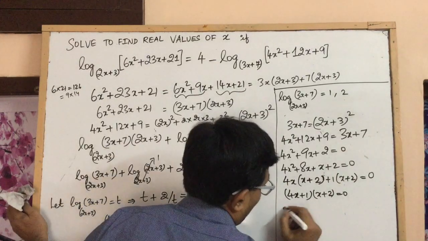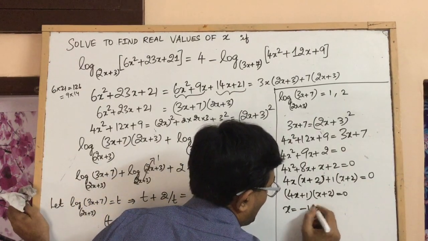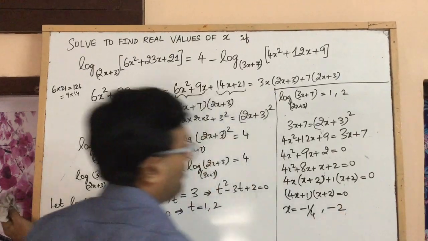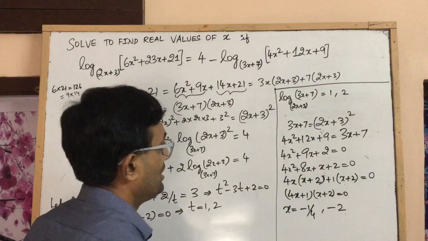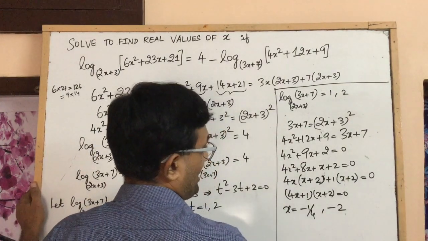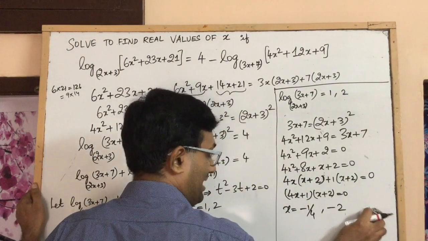Or we have x is equal to minus 1 by 4 or minus 2. So let's check if these solutions are really possible.